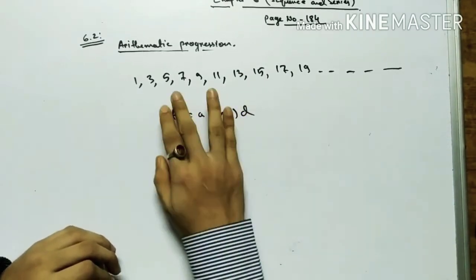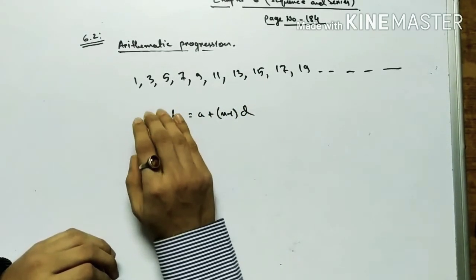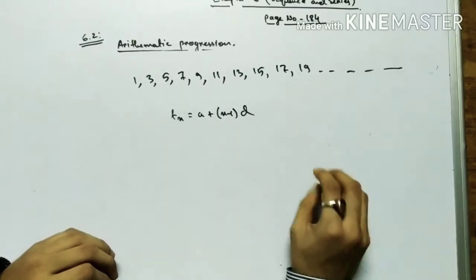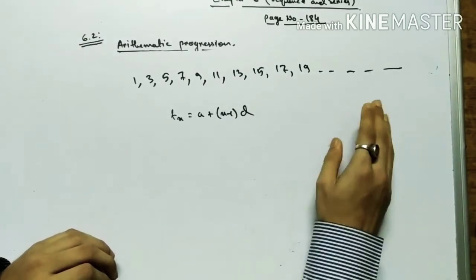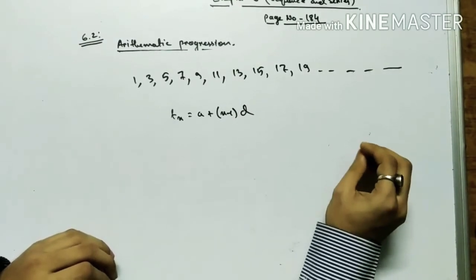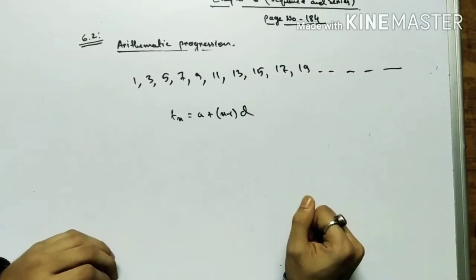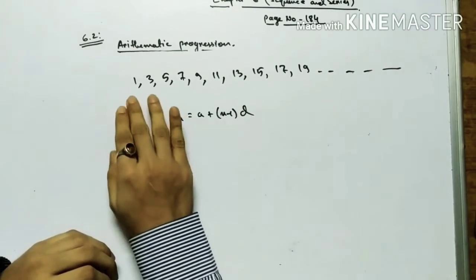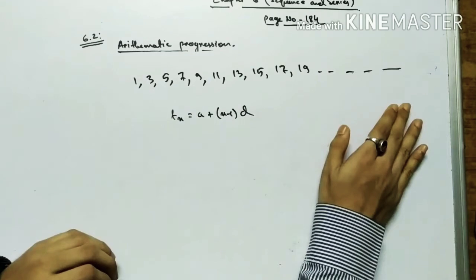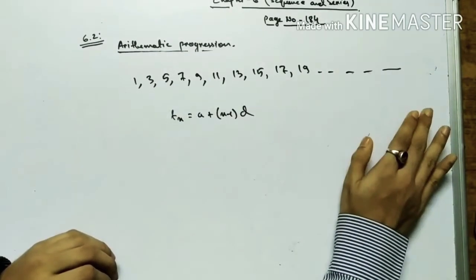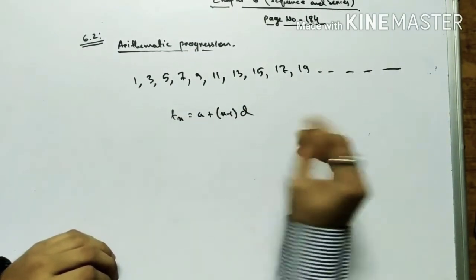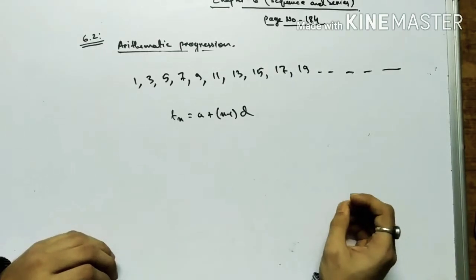first term is 1, second term is 3, and so on and so on. So in this arithmetic progression, if I want to know, let's say, what will be the 100th term, understand, if the numbers go on in this way, and the numbers are in arithmetic progression, then let's say I want to know what will be the 100th term.